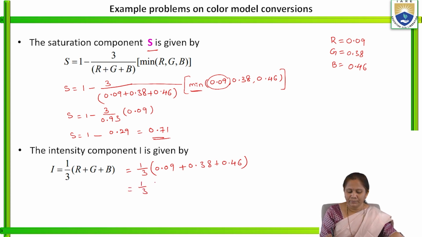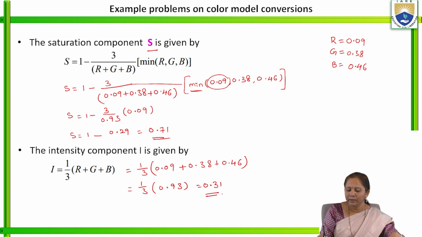If we add all these values, we get 0.93, and 1 by 3 of that is 0.31. So this is how we convert RGB to HSI.